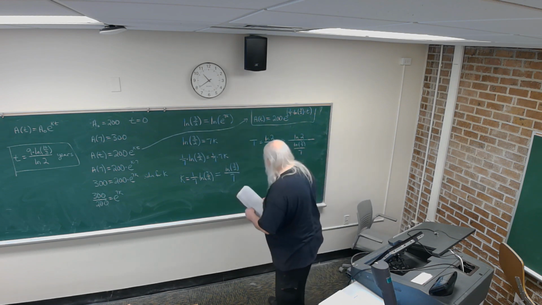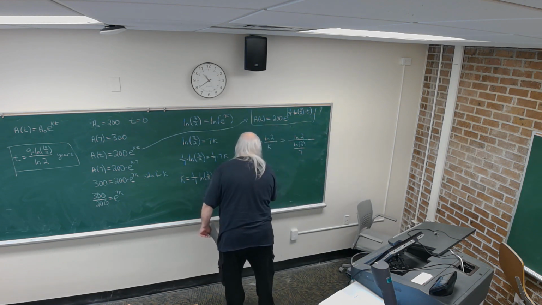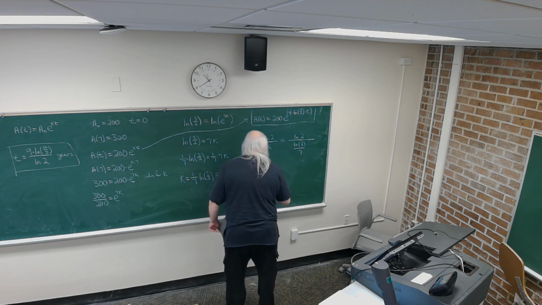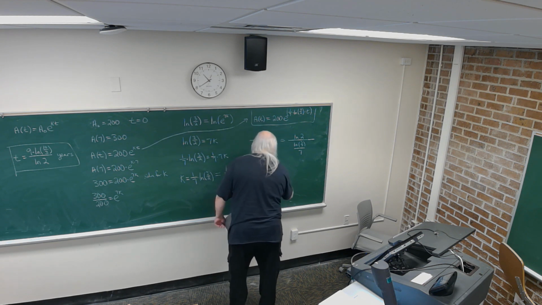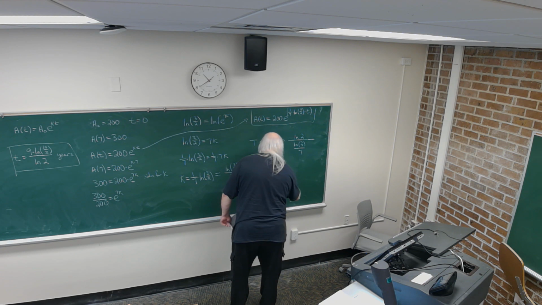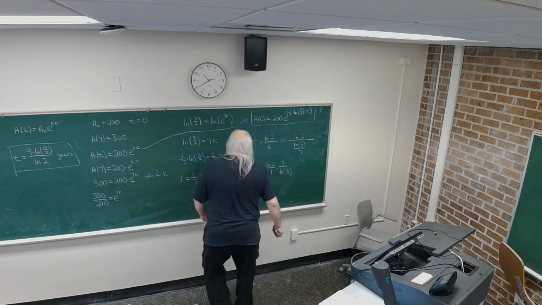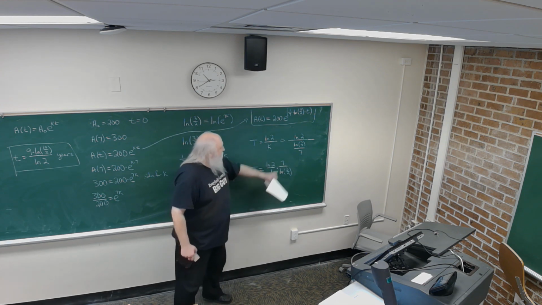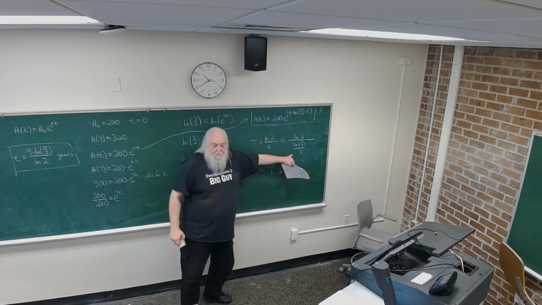So t is equal to the natural log of 2 over 1 times 7 over the natural log of 3/2. Keep, switch, flip, right?